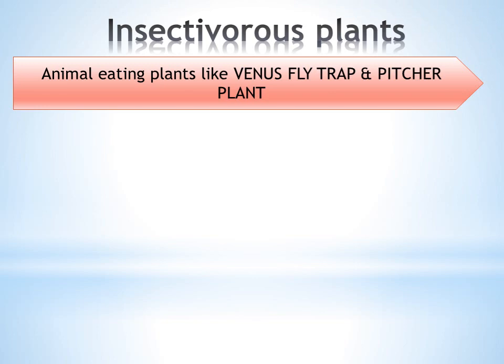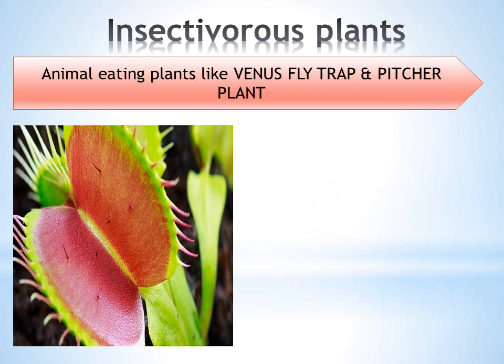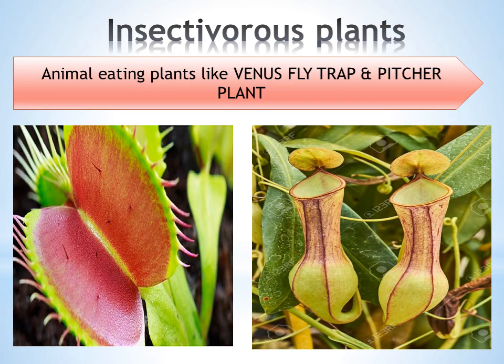There are two major examples of insectivorous plants, that is Venus flytrap and the pitcher plant. The pitcher plants eat insects by attracting them towards them.